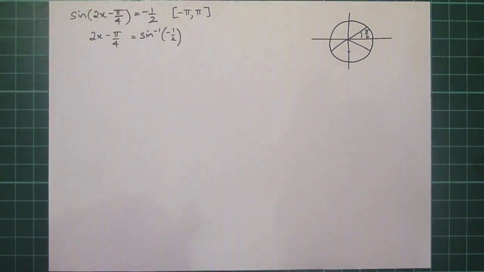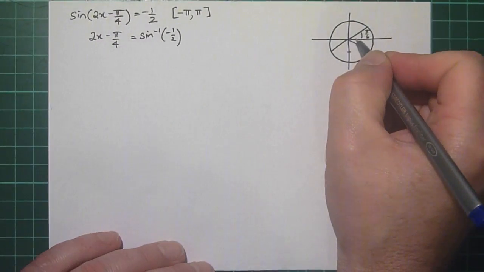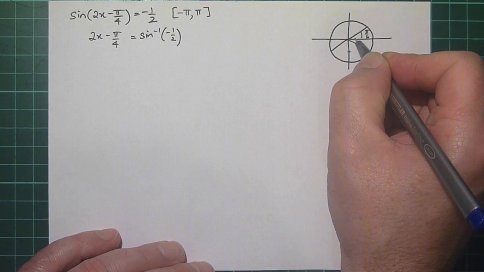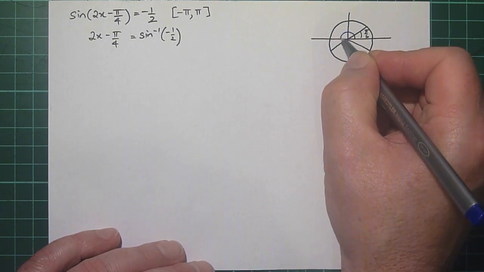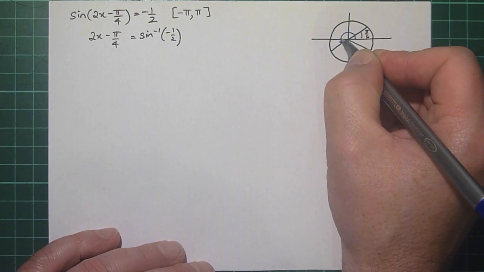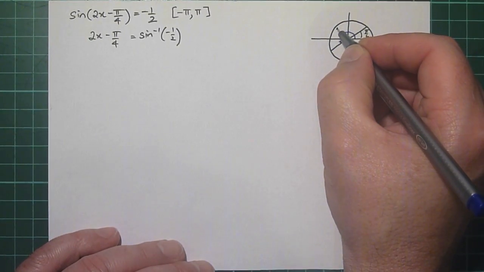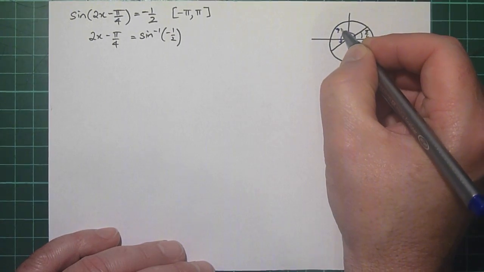So if we go around the unit circle anti-clockwise from 0 to our first solution, we can see that that's π plus π/6, which gives us 7π/6.